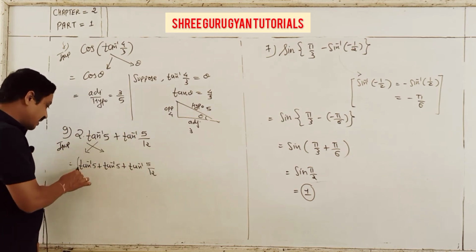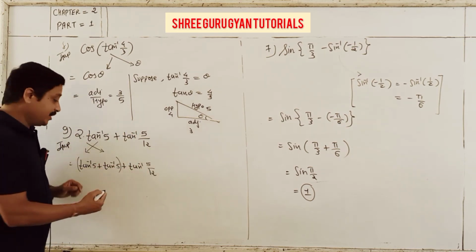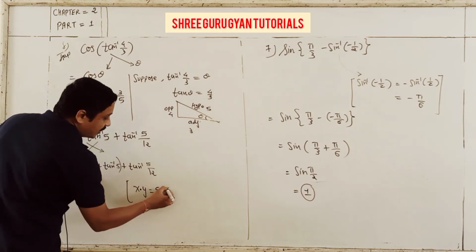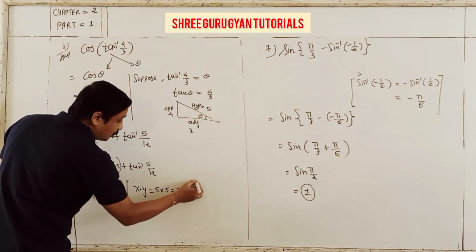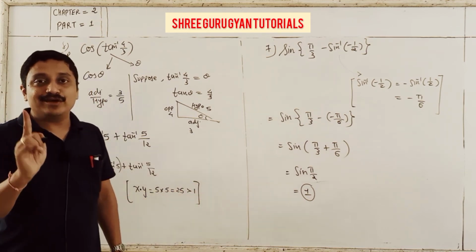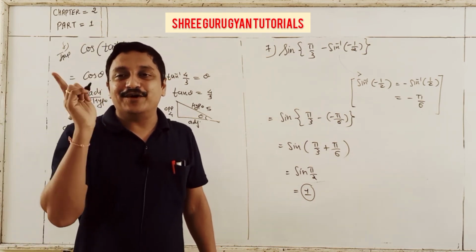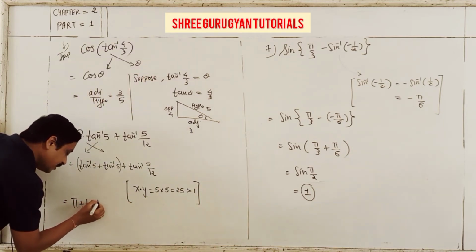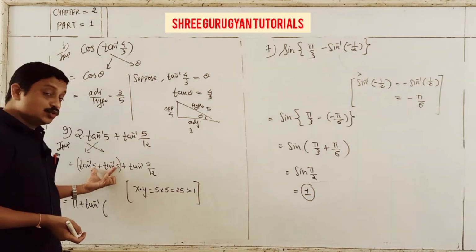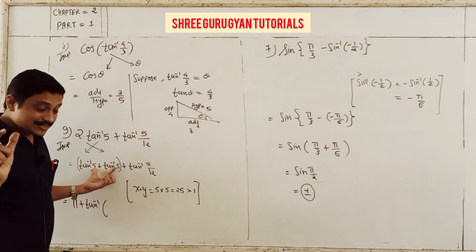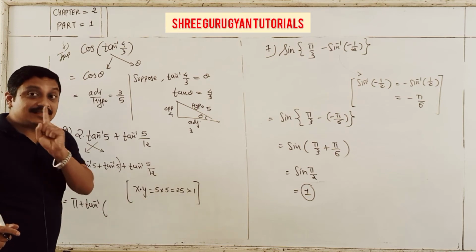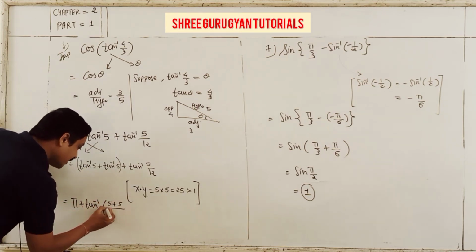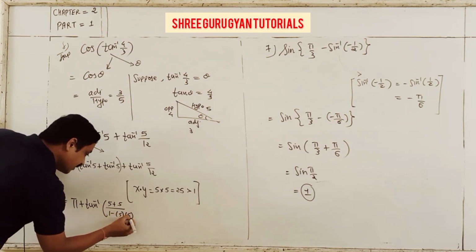Now students, our property is to check x into y: 5 into 5, which is more than 1. And whenever it is more than 1, you will write down your answer as pi plus. Again repeat, whenever these two values' product is more than 1, then always pi plus. And the others are the same: 5 plus 5 over 1 minus 5 into 5.